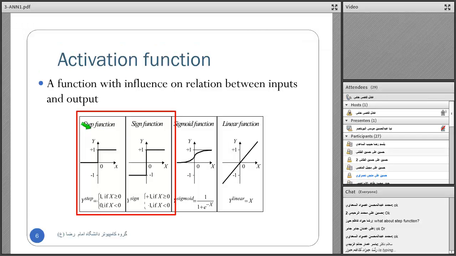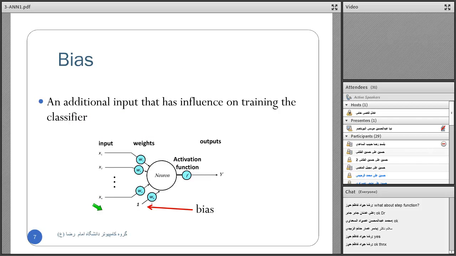It is another function that could be used, but usually in the perceptron we use the sign function. The step function is similar to the sign function, only the outputs are different. It is 0 or 1. In the sign function we have -1 and +1.